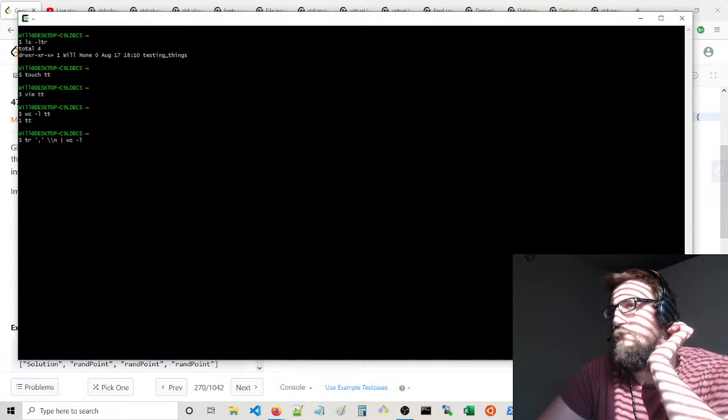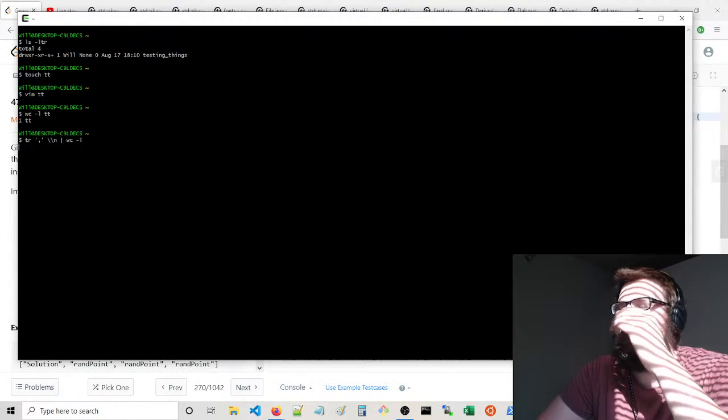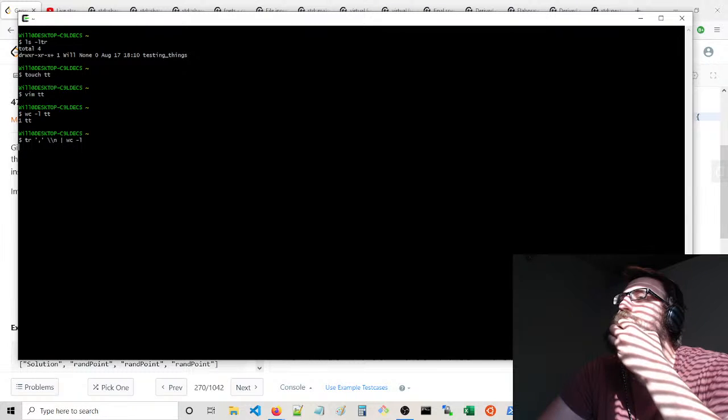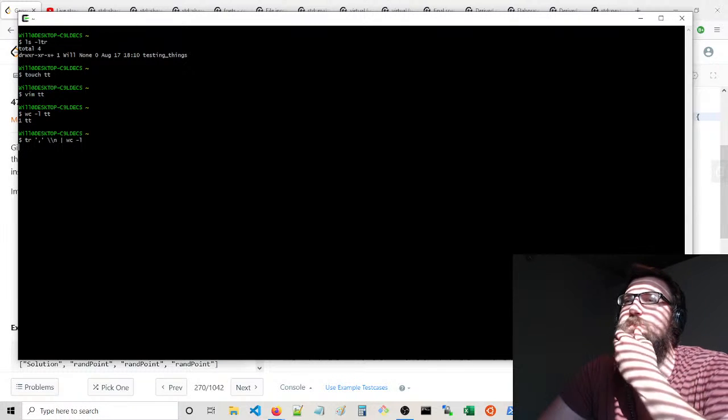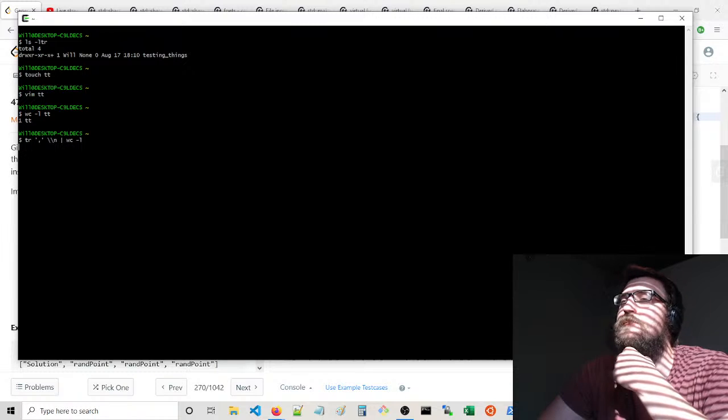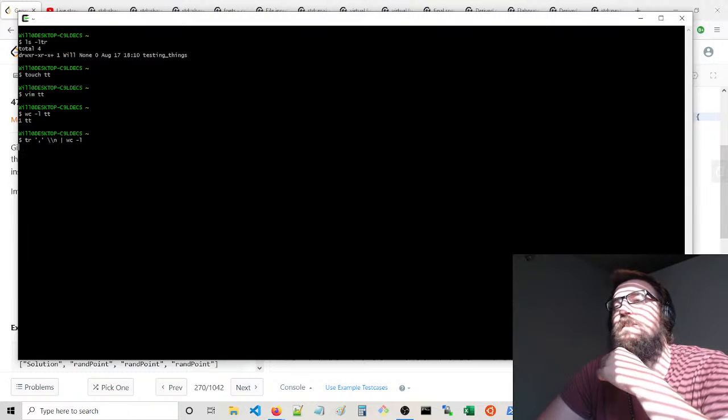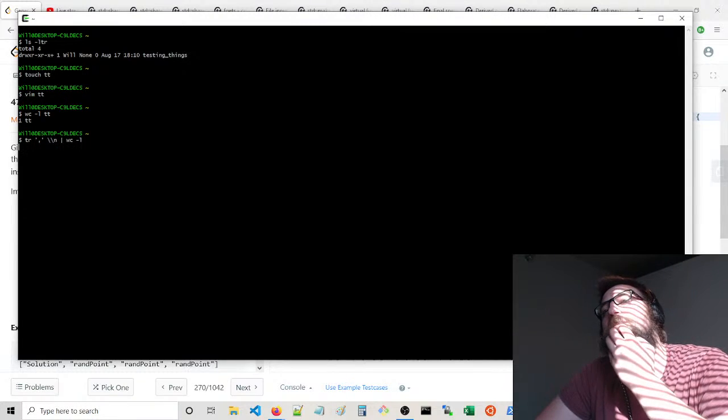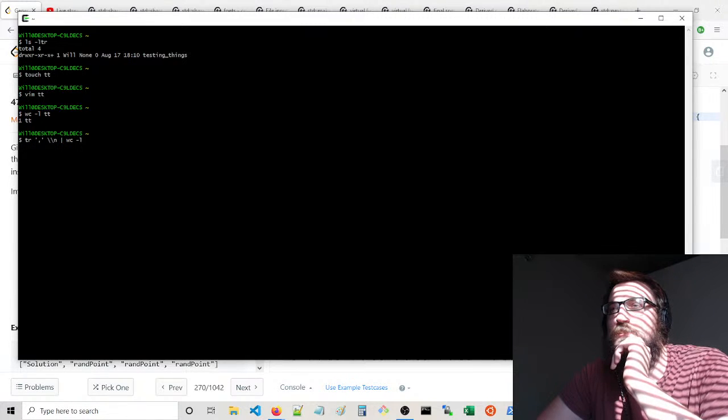How can we count the number of... Oh wow. Count the number of times a character occurred. Count the occurrences in a file. I think we have to subtract 1, too, because we want to count how many there are.